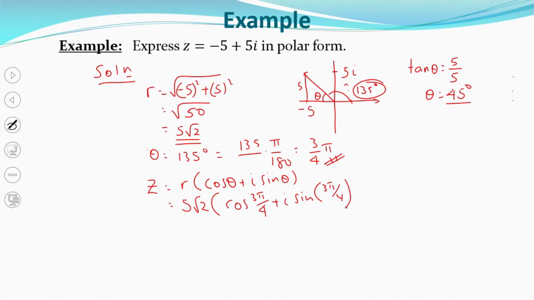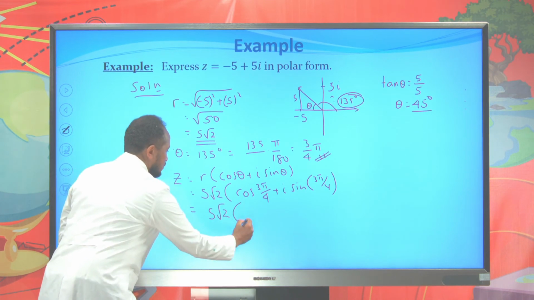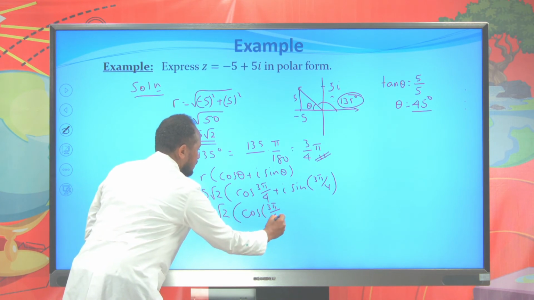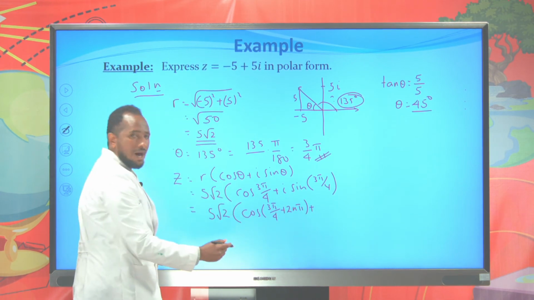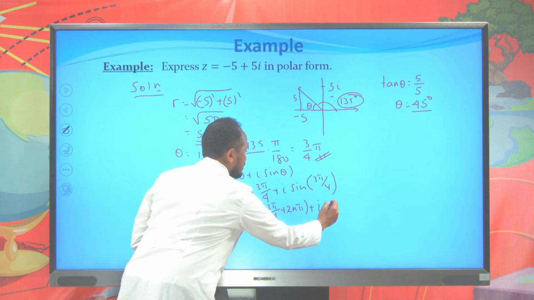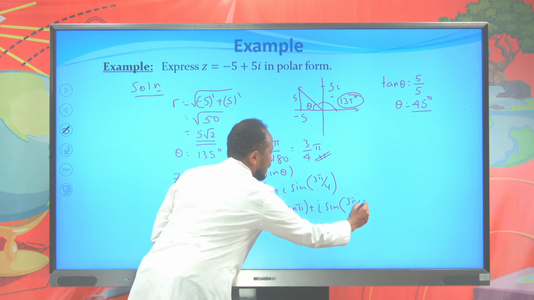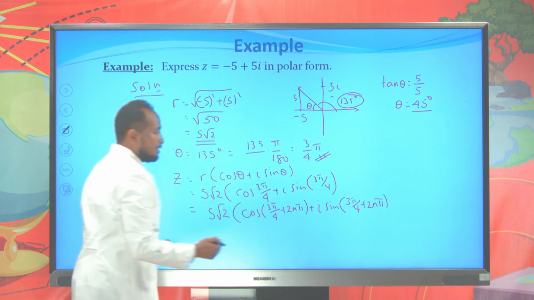By the way, since sine and cosine are periodic with period 2 pi, you can write this in general form. Equivalently, this can be written as 5 root 2 times cosine of 3 pi over 4 plus 2n pi, plus i sine of 3 pi over 4 plus 2n pi, where n is an integer.